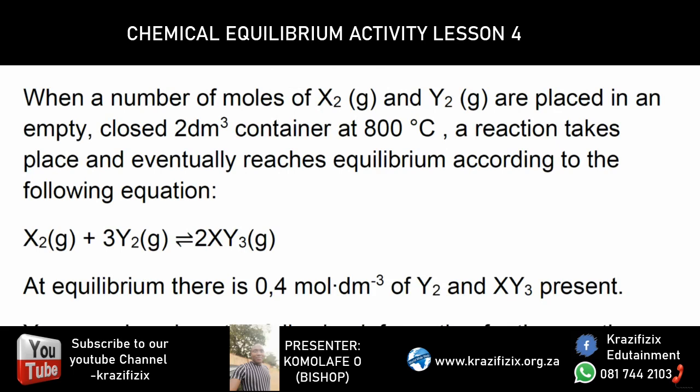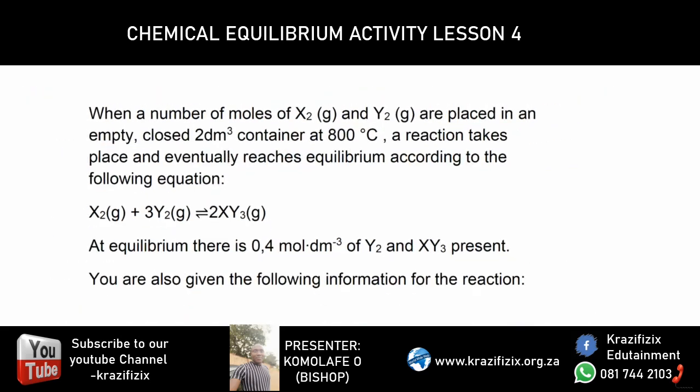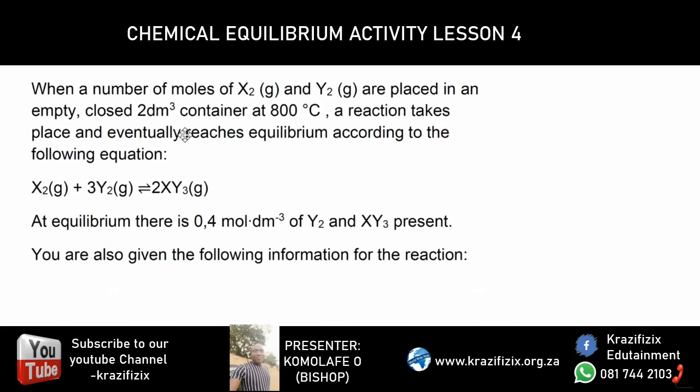Now we are making it a bit more hectic. When a number of moles of X2 and Y2 are placed in an empty, closed container at 800 degrees Celsius, a reaction takes place and eventually reaches equilibrium according to the following equation: X2 + 3Y2 ⇌ 2XY3.